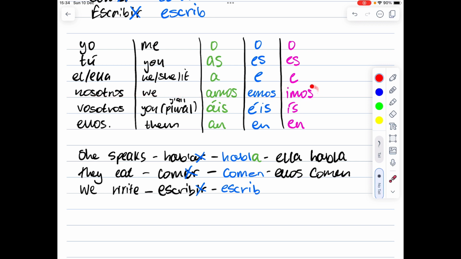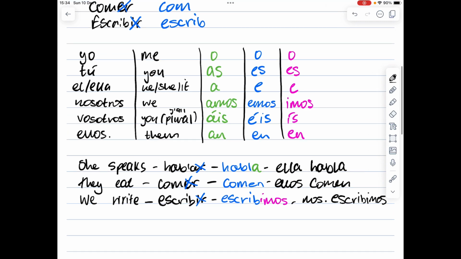Come across, and I can see that I need to add imos in order for it to be in the we form. So I'm going to add imos to make it escribimos. And again, emphasis. I can say nosotros escribimos. It might be a bit difficult to see actually. Nosotros escribimos. Okay, we write.